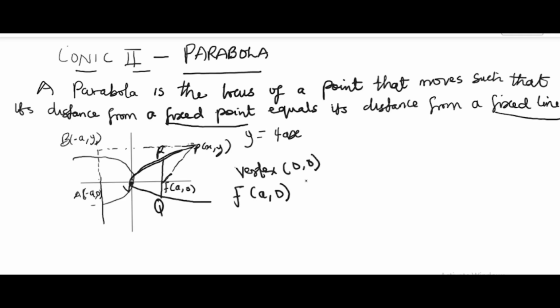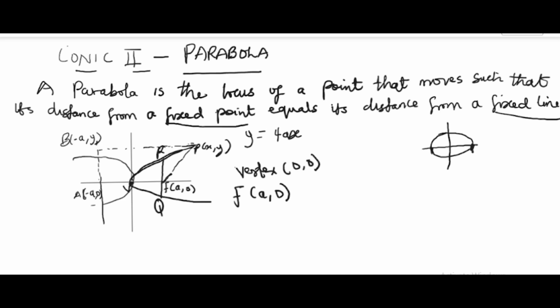Now, unlike the ellipse, the parabola has one focus. Why? Because it is a curve and it doesn't move around, unlike the ellipse, where it goes round, touching the x-axis on both sides, giving us minus a and plus a.